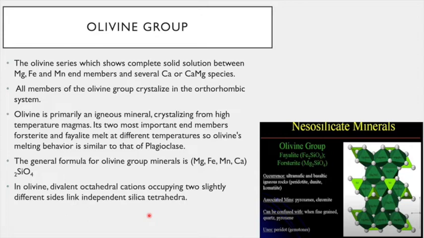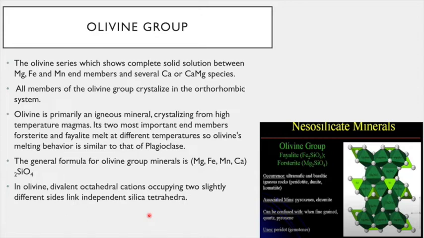Its two most important end members, forsterite and fayalite, melt at different temperatures, so olivine's melt behavior is similar to that of plagioclase. The general formula for olivine group minerals is magnesium, iron, manganese, calcium, and silicon tetrahedron.